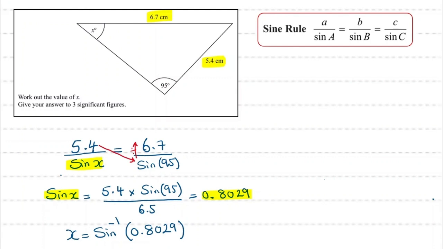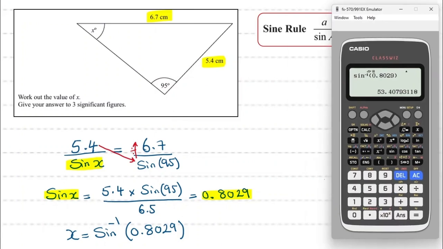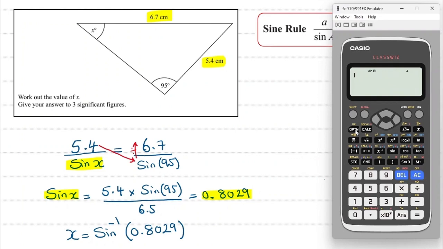0.8029. We call this the inverse of sine, and in order to type it into our calculator, we should press shift, then sine, which gives us sine inverse or sine minus 1, and inside brackets we type in 0.8029, brackets closed, then press equal.